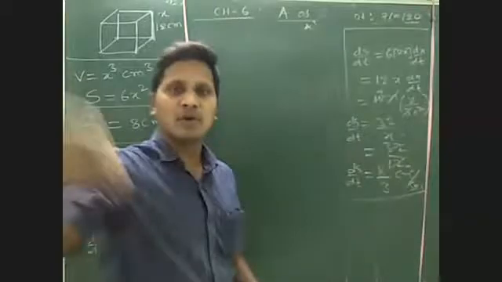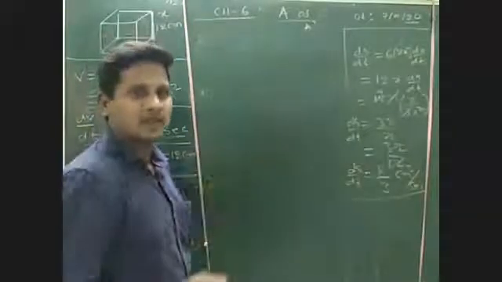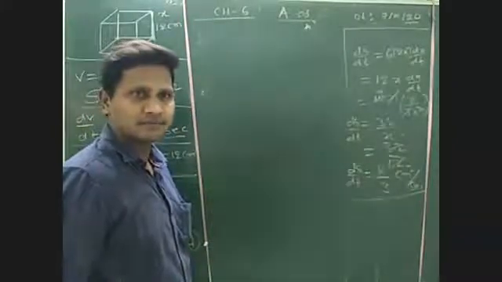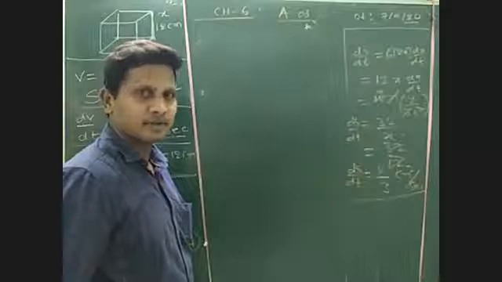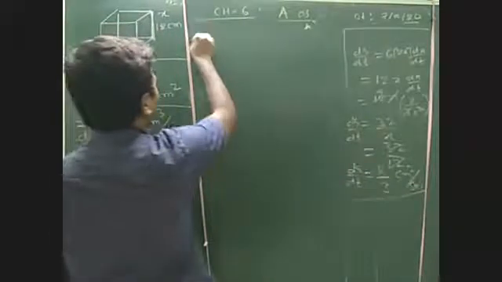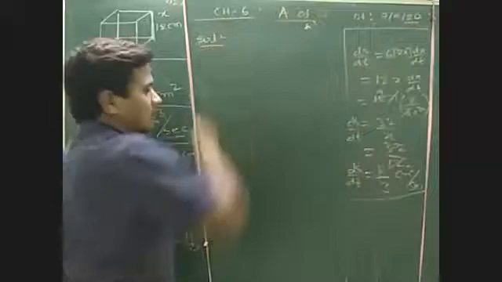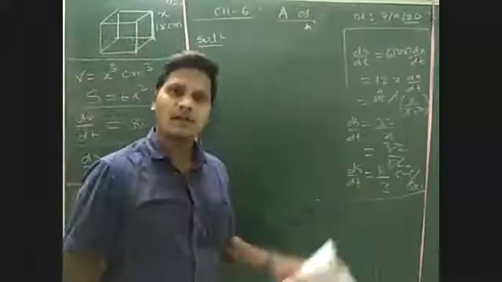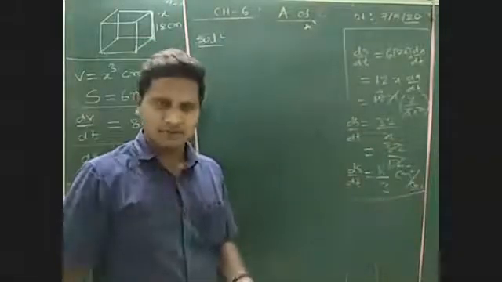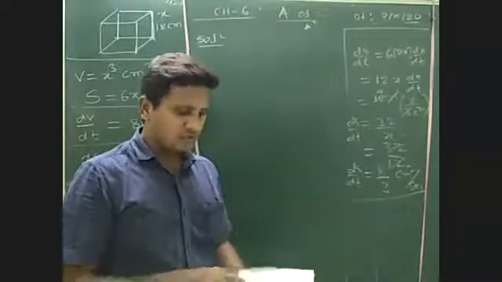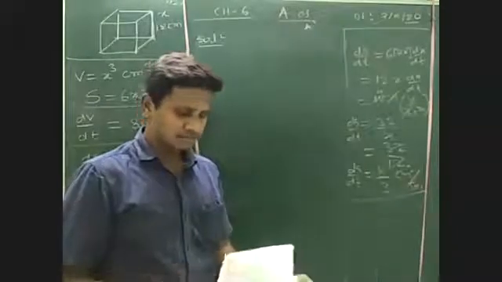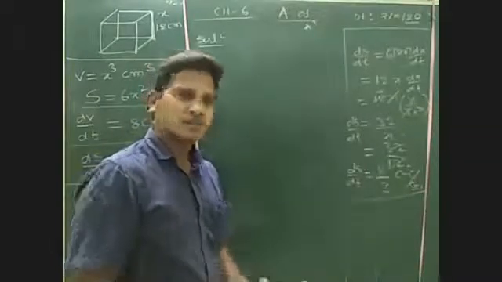Now I am going to write how to write it in NCERT. Those who understood this, you can try to do the remaining problems: third question, fourth question, fifth question. All questions are as it is, right?